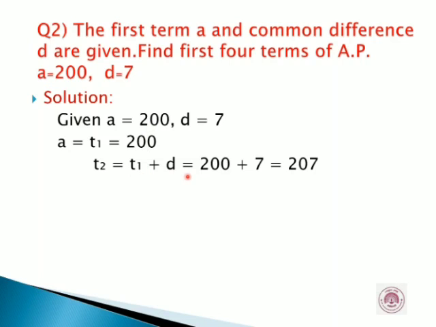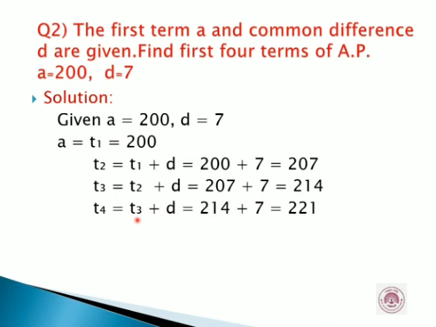That is T1 plus D, which is equal to 200 plus 7, 207. T3 can be obtained by adding D to the second term, second term plus common difference, T2 plus D. T2 is what? 207, and the common difference is 7. So 207 plus 7 is equal to 214.